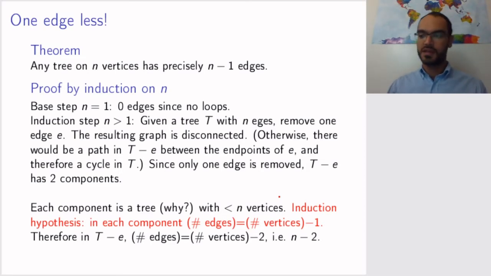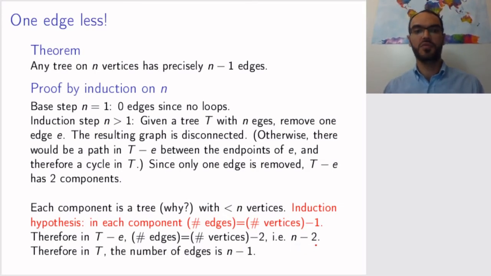So since the original graph minus an edge has n vertices, because we just removed one edge and didn't remove any vertices, we now know that removing this edge gives us a graph with n minus 2 edges. But then, of course, this means that if we had not removed the edge, in other words, in the original graph, there are precisely n minus 1 edges, which was what we wanted to prove.